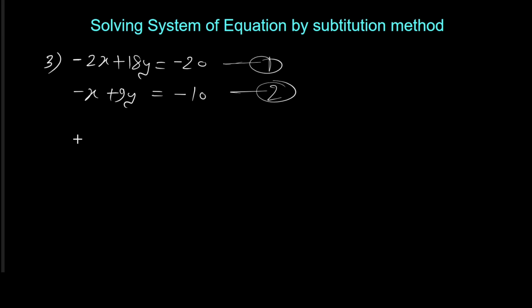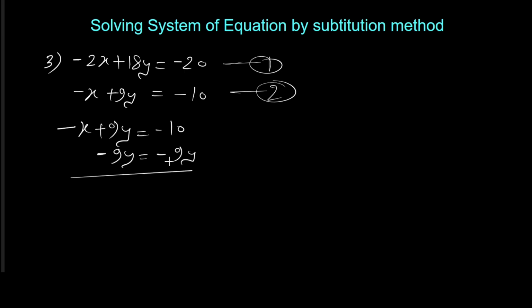Here we have negative x plus 9y equals negative 10. We have to isolate x, so let's subtract 9y from both sides of the equation.